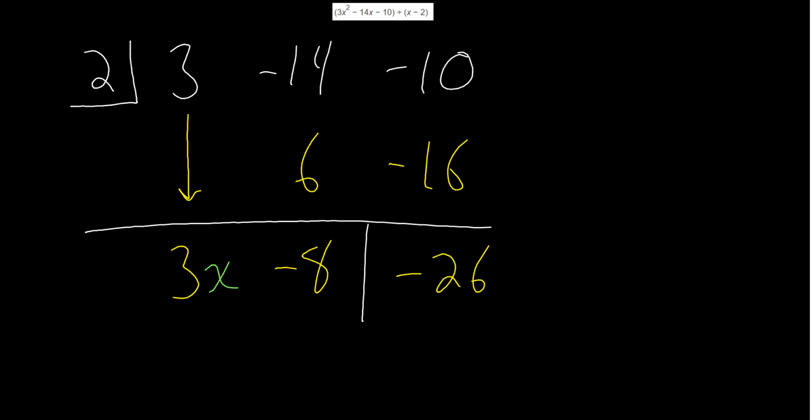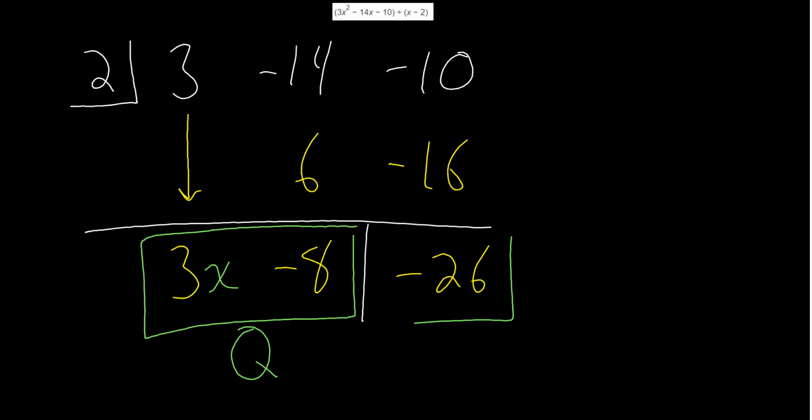Okay, so what happens here is if I did quotient plus remainder over divisor, this is my quotient, this is my remainder, and of course this up here, let's just put an arrow, is my divisor, okay?